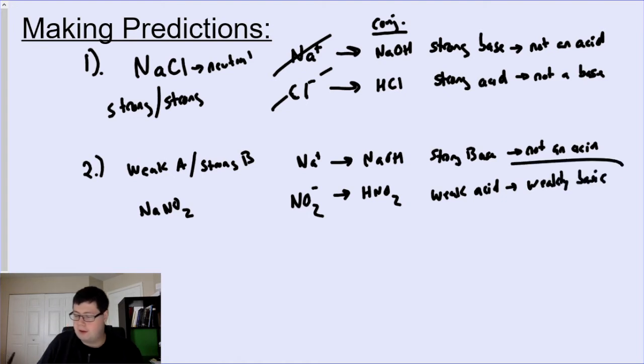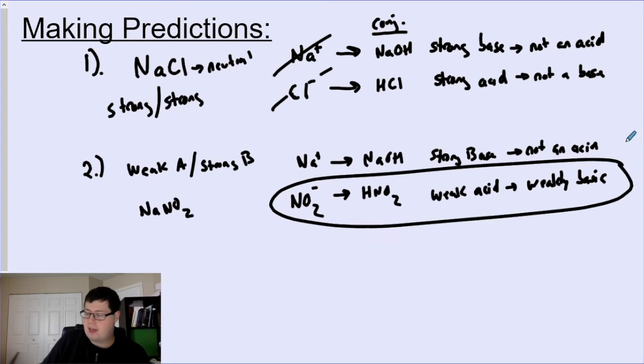And so we would predict that because of that NO2 minus, this is a weakly basic solution, because the NO2 minus forms a base, or an OH minus ion, in solution because of its hydrolysis reaction. So one pattern you might start seeing is that if we combine a weak acid and a strong base, we're left with a salt that is slightly basic. You can think of it like that strong base is overcoming that weak acid and leaving you with something that is slightly basic.